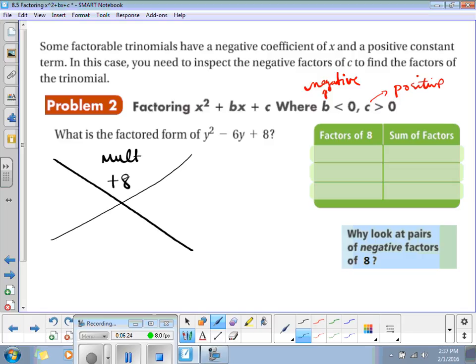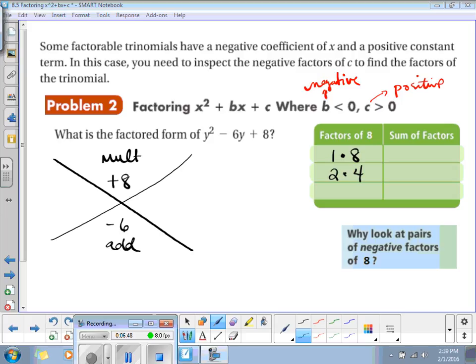And then when we add, we want to get a negative 6. Okay? So now we just want to list our factors of 8. Okay? So we've got 1 times 8 and 2 times 4.